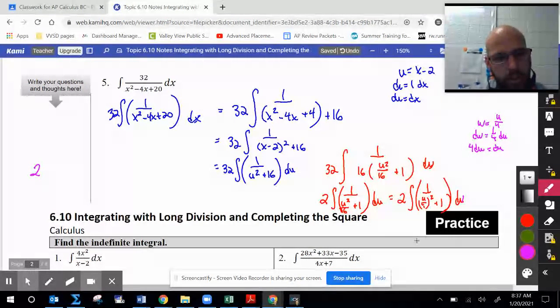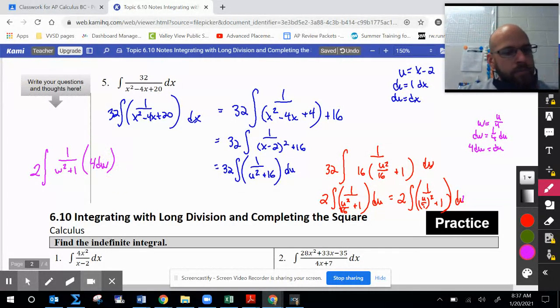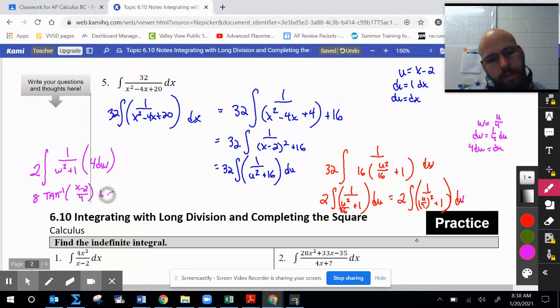So my integral is going to be 2 times the integral of 1 over w squared plus 1. And instead of du, I'm going to have a 4 dw. So I get an 8 tangent inverse of w, which w was u over 4, and u was x minus 2, so x minus 2 over 4, plus c. So that would be my antiderivative.